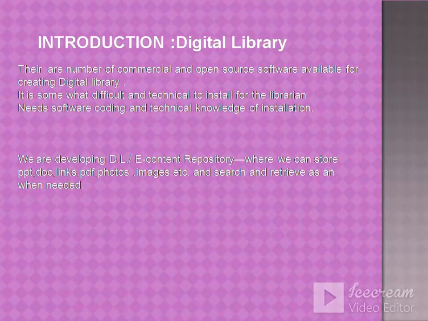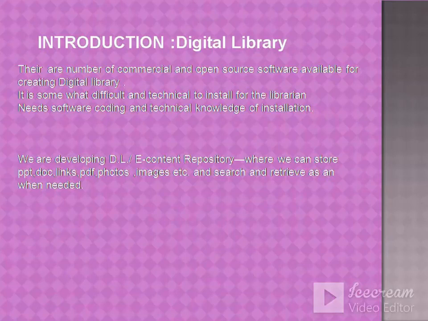Introduction about the digital library. Friends, we know that in the market there are a number of commercial and open source software packages available for creating a digital library. For example, DSpace is one of the best digital library software, but it has its own advantages and disadvantages. It is somewhat difficult and technical for librarians to install and needs some software knowledge, coding and technical knowledge of installation.